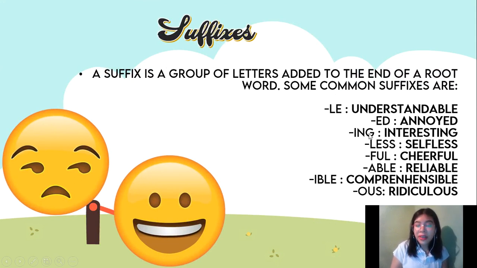Here we have a list of common suffixes, which are, for example, le, as in understandable; ed, as in annoyed; ing, as in interesting; less, as in selfless; ful, as in cheerful; able, as in reliable; ible, as in comprehensible; and ous, as in ridiculous. These are the most common suffixes that we can find.